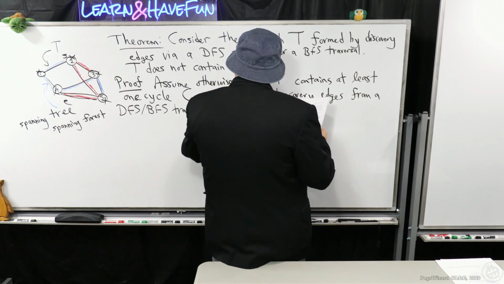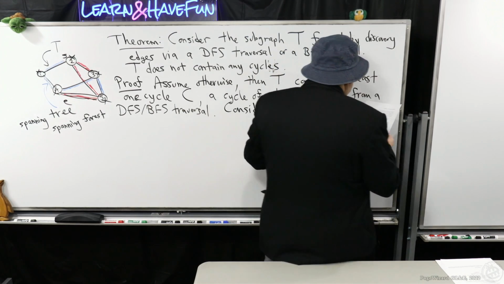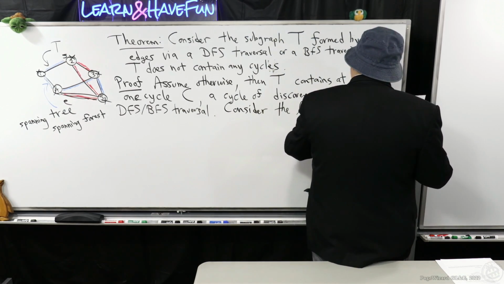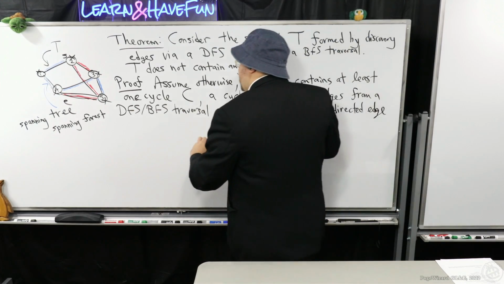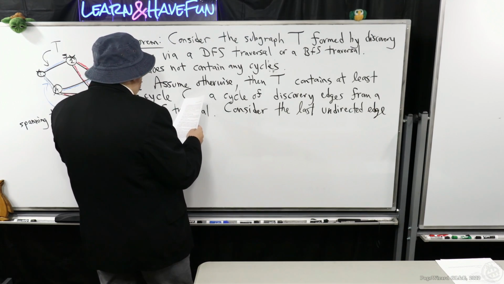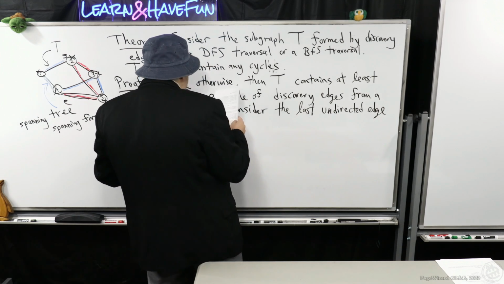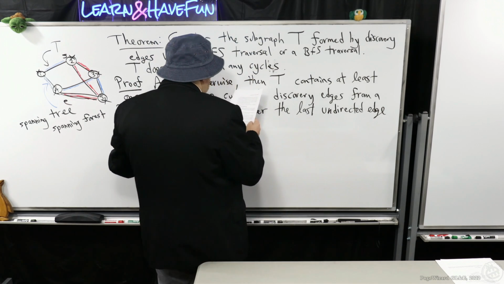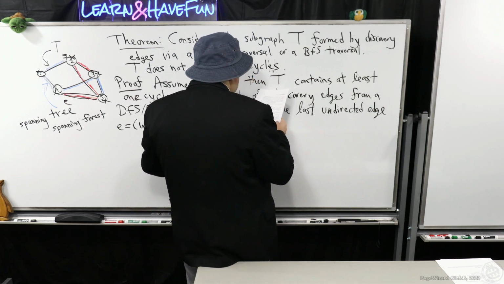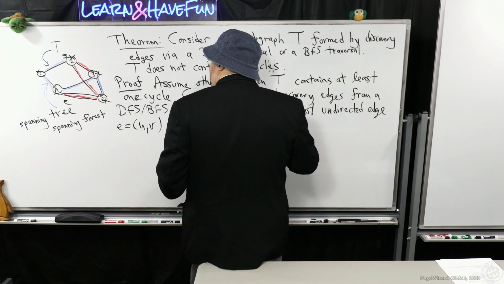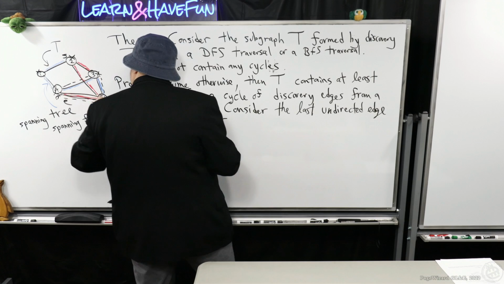Let me describe this edge to you. Consider the last undirected edge E, (u, v). I'm going to use rounded parentheses just to indicate which order I discovered them in, but I would normally use curly braces here. Consider the last undirected edge E added to C. For example, in this case, the cycle would comprise this triangle here.